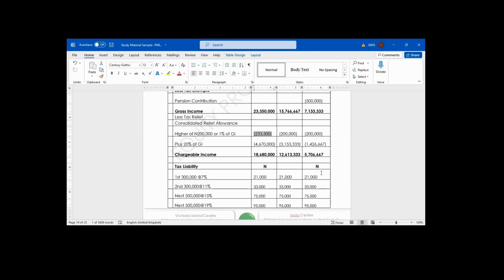Second 300,000 at 11%. It will apply to all three of them. Next 500,000 at 15%: 75,000, 75,000, 75,000. It will apply to all three of them.